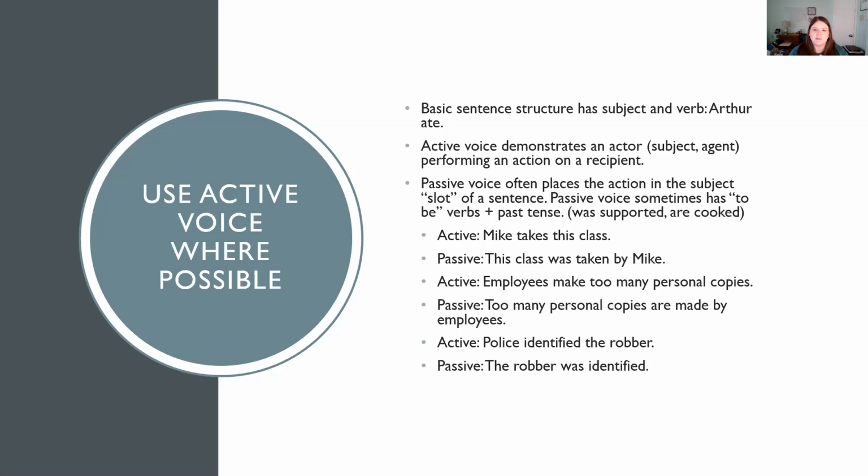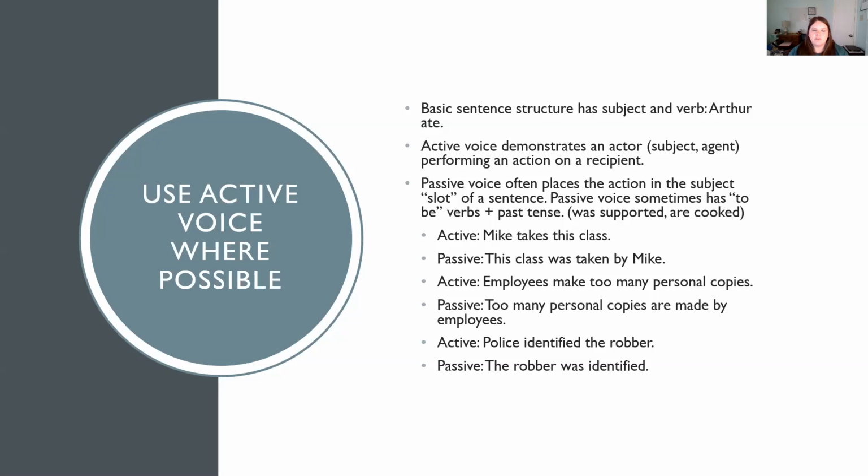The reason why things become passive is because you don't say the table legs supported the table, and instead you're saying something like the table was supported by. So instead of saying the table legs supported the table, you're saying it was supported by. So you're adding in that to be verb plus past tense, and that's a pretty good indicator that you have something that's passive voice. So here's some examples.